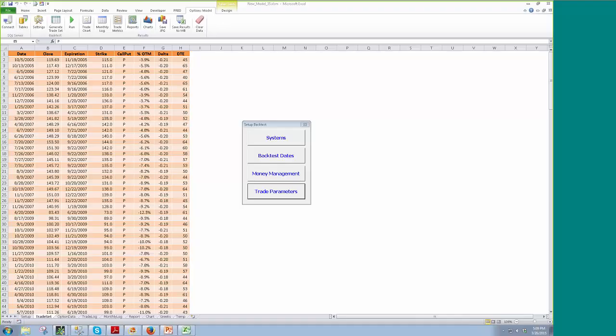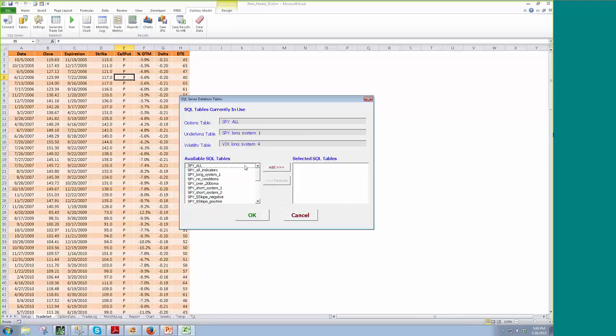In fact, I had so many systems in here that I had to clear them out because they were getting too much. As I tested through the systems, it was a continual refinement process. But what I found is that simpler is better. However, you don't want it too simple.